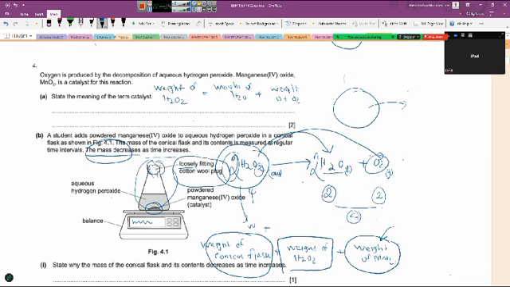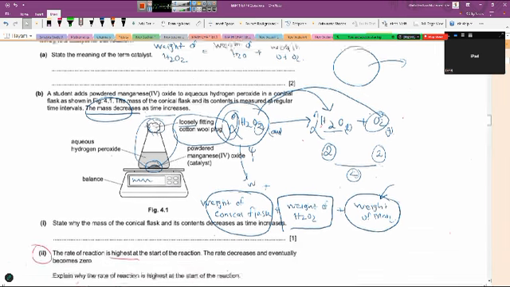Can you understand that? If the oxygen gas escapes to the environment, what will happen to the mass of the entire content? It will reduce, since the oxygen gas escapes through the gaps available in the loosely fitting cotton wool plug.